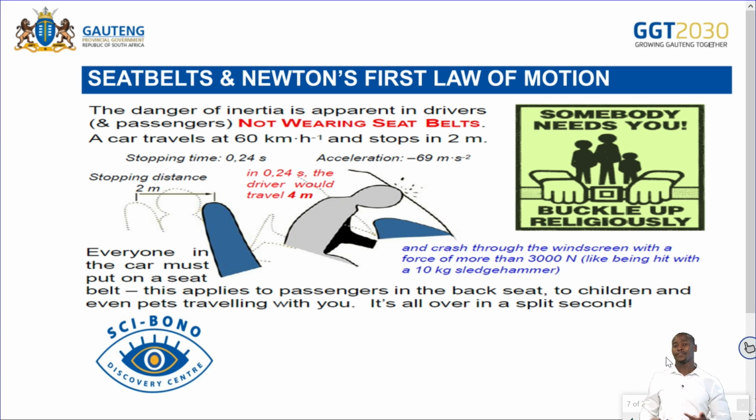So if the bus, for example, starts to move, what will happen to you? I think you have noticed this, right? You start by moving backwards. Why are you moving backwards? It's because of your inertia. You are trying to resist the state of motion, all right? So that is another application of Newton's first law.